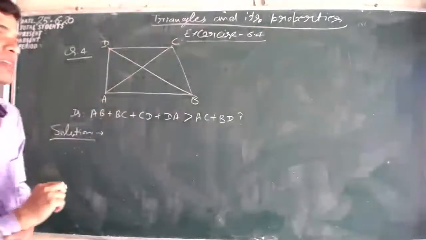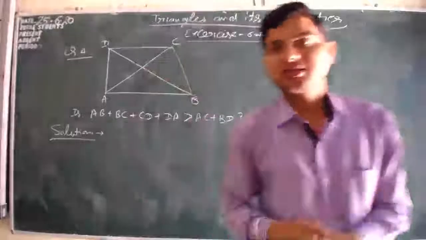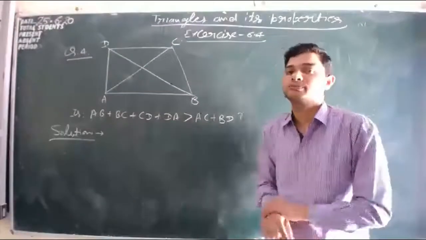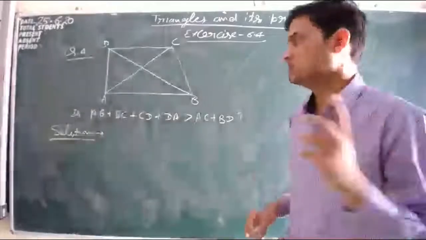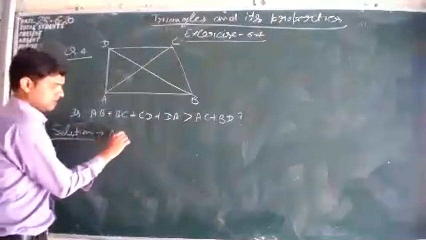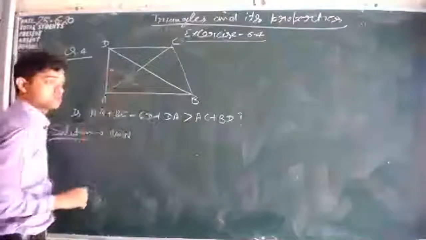In these triangles we can apply the property of triangles, that the sum of any two sides is always greater than the third side. Now we have to consider these four triangles.